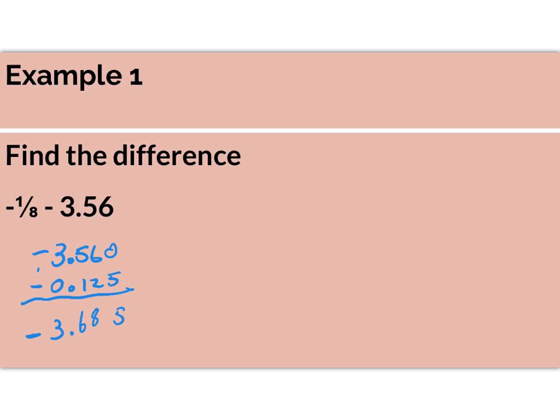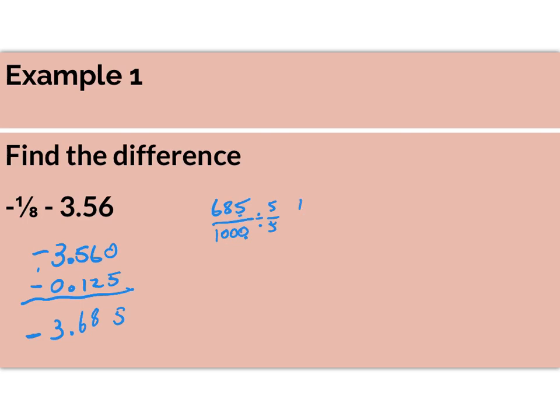Now, we can turn this back into a fraction, depending on what the answer calls for. So you take 685 and put it over 1,000. As we can see, this ends in a 5 and this ends in a 0, so we know we can at least divide by 5 over 5. 5 goes into 6 once.